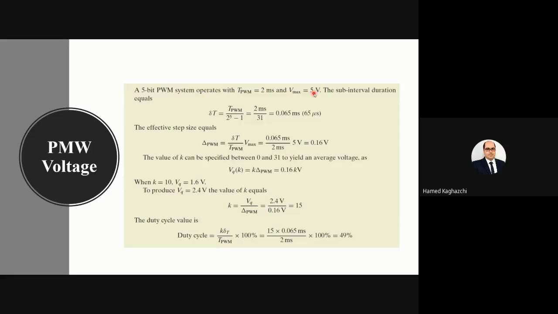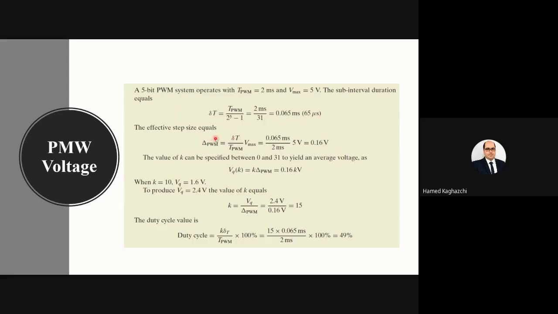Now I want to calculate, for example, the value of voltage at K equal to 10. First of all, I have to calculate delta T. I say that TPWM divided by 2 to the power of 5 minus 1 is equal to this value, 65 microseconds.